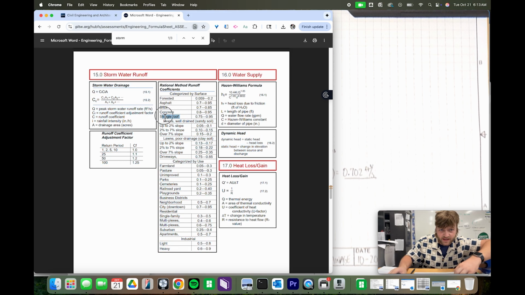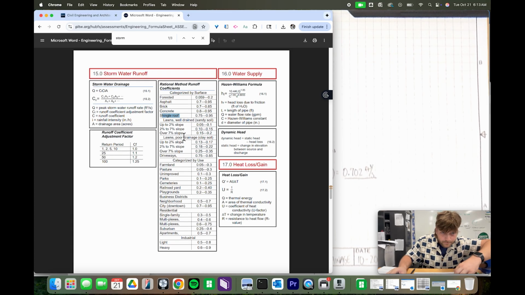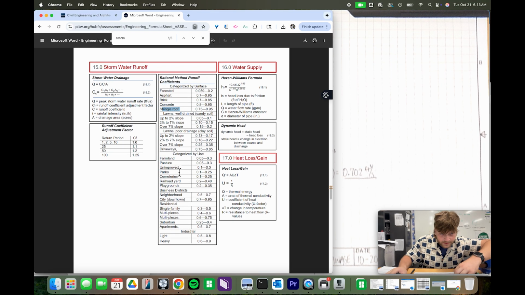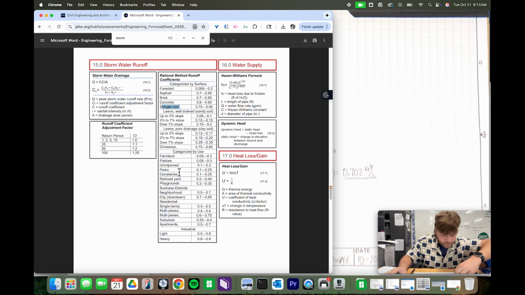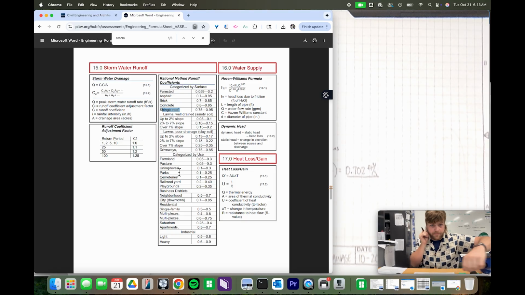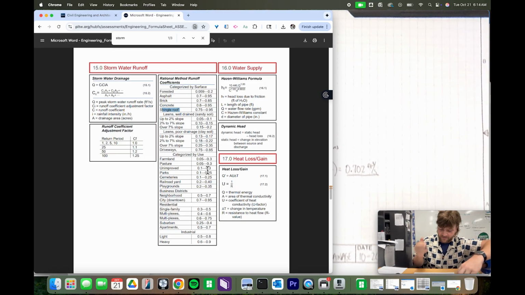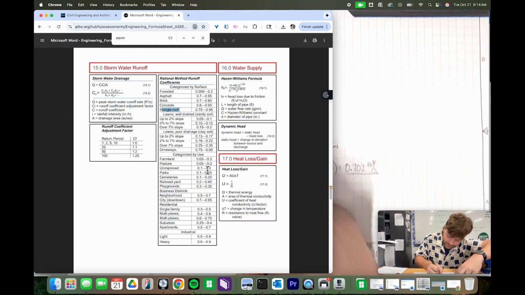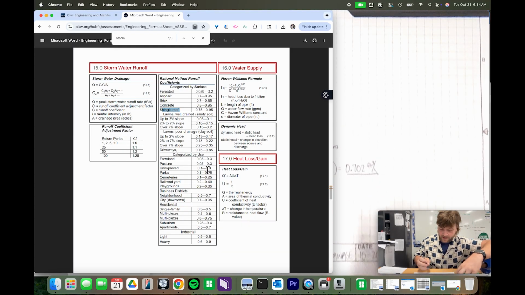We'll have to check out any of the different options. Let's see here. Yeah, it's looking to me like we're going to end up using that shingle roof value. Yeah, okay, perfect. So the shingle roof 0.95, we are going to use that upper range value. And now in terms of the area, we've got to calculate that out.